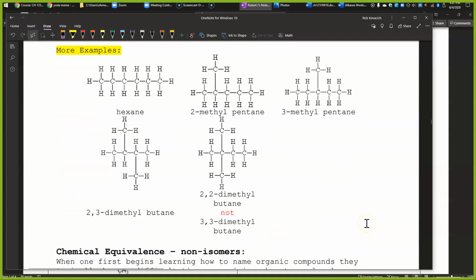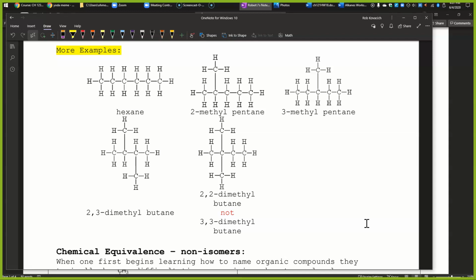Here are more structural isomers. The longer the chain, the more ways I can disassemble it and put it back together. In the same way, if I gave you 50 Legos that were black and 150 Legos that were yellow, how many different molecules can you make? Many. So if I give you 6 carbons, you can make hexane, which is a straight chain, or I can pluck one of them off the end and put it on carbon number 2 and it turns it into a pentane.